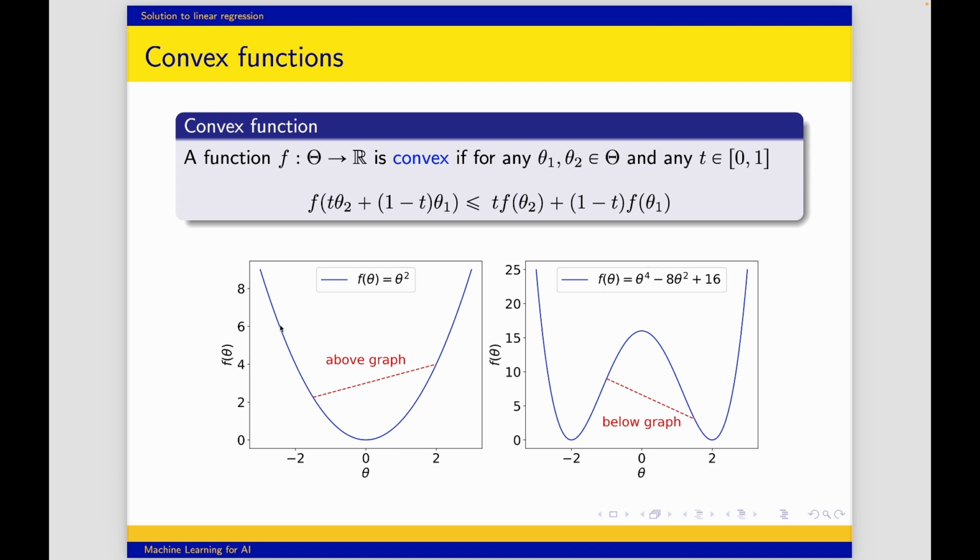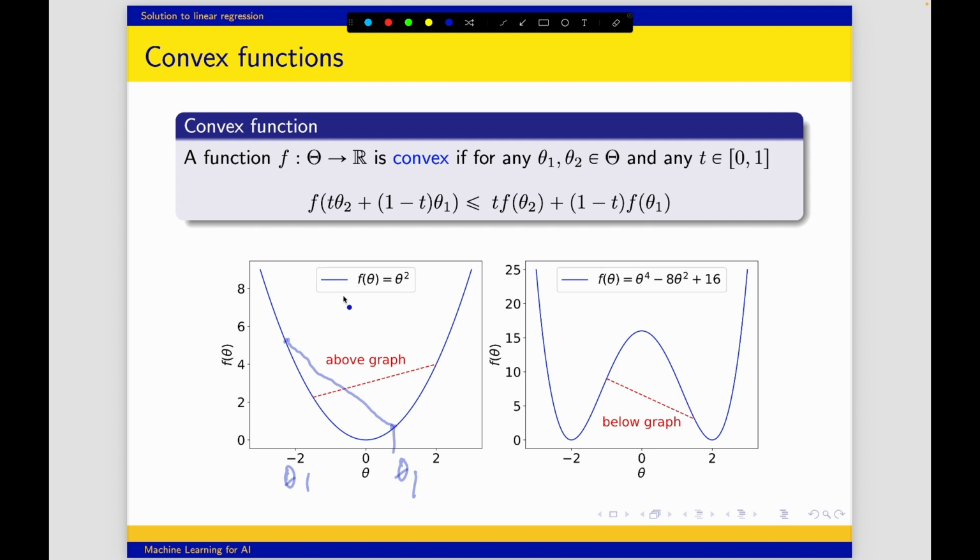So I can pick another value here arbitrarily. Let's say that value, this value here, and let's say another value here. And again, if I connect these two with a chord, this function from here to here, from this value of theta to this value of theta, this would now be my theta 2, and this would be the theta 1, has to lie below.